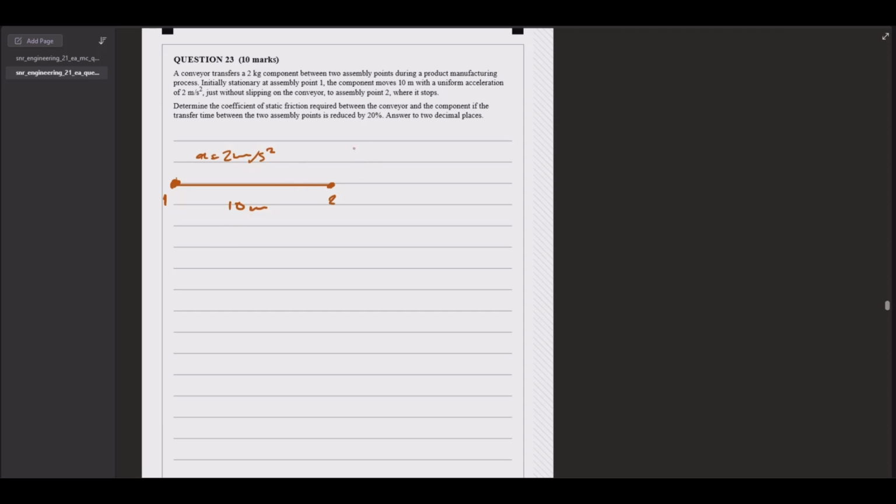So, v equals root u squared plus 2as. Initial velocity is 0, so 2 times 2 times 10. That's 6.32 meters per second, the final velocity.